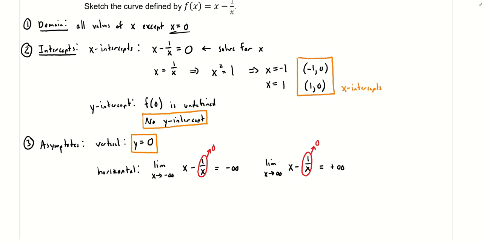There is no finite value that these functions are going to start to approach. They're just going to blow up to positive and negative infinity as you go out in either direction. Let x get larger in the negative direction and y larger in the positive direction. So I'm just going to write that as no horizontal asymptotes.